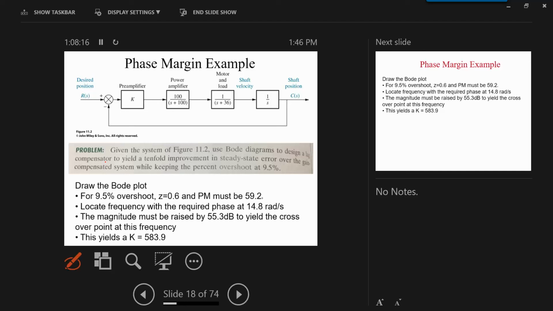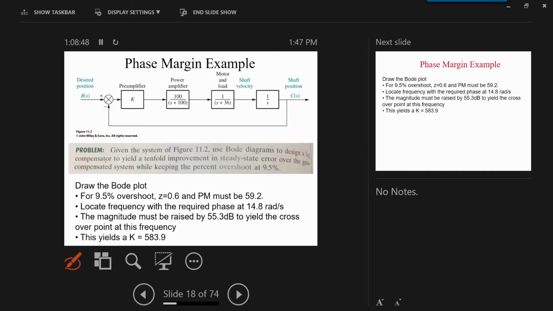Now let me check where the phase is. We need a 60-degree phase margin, right? So the phase should be around minus 120 to have 60 degrees. It should be around here, which is minus 119, close enough, and the frequency is 13.7, so around 14 radians per second.